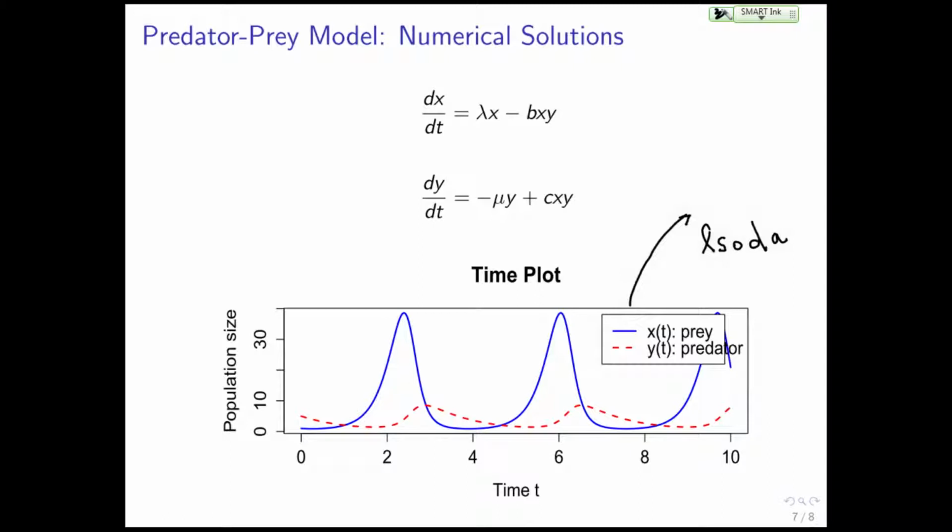So when we compute a numerical solution, we will have a function of time. The population of prey, x of t, is displayed as a solid blue curve, and the population of predators, y of t, is displayed as a dashed red curve.